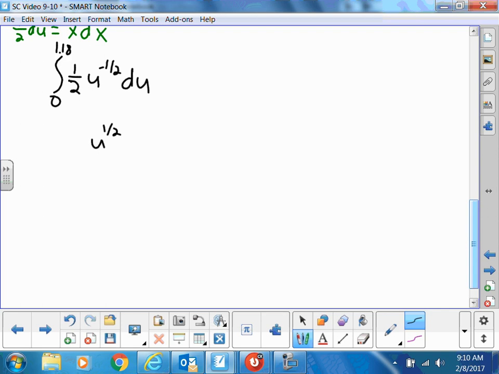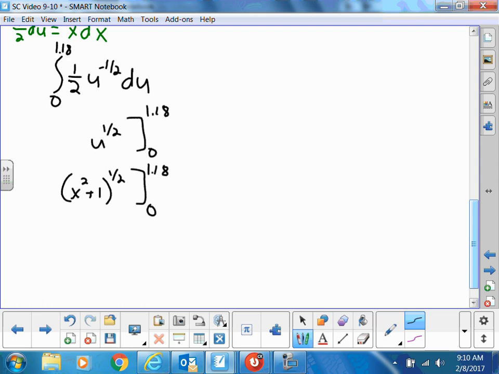Well, a 1/2 divided by 1/2 is just 1. So we'll have u to the 1/2, and that'll be 0 to 1.18. But then we've got to replace u with what it originally was. So we've got x squared plus 1 to the 1/2, and we'll be evaluating from 0 to 1.18.